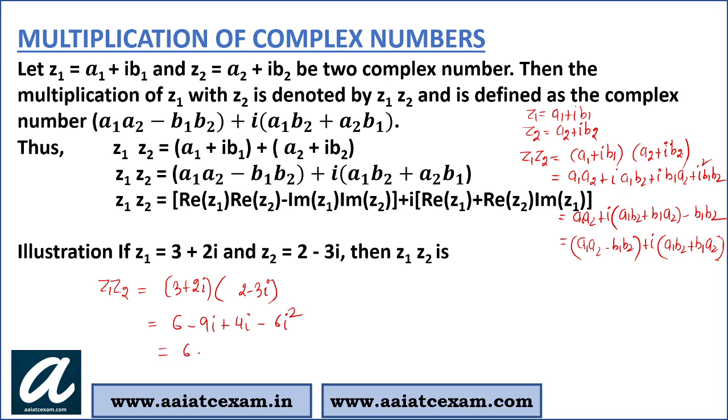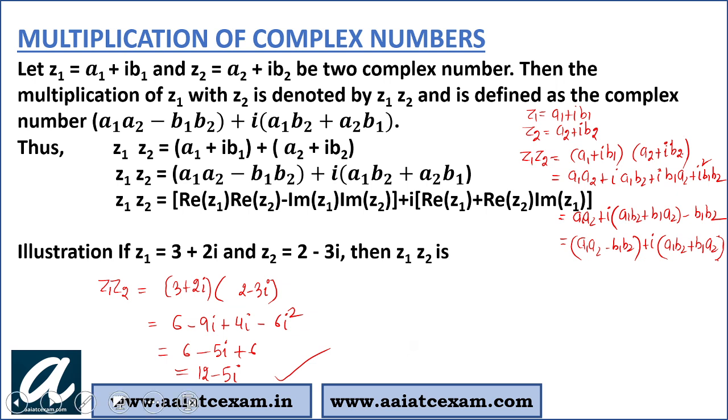So this is 6 minus 5 iota, and this is again plus 6. So the answer is 12 minus 5 iota, which is also a complex number. I hope it is clear.